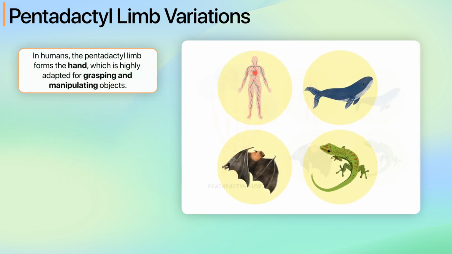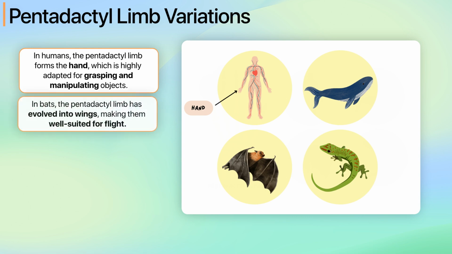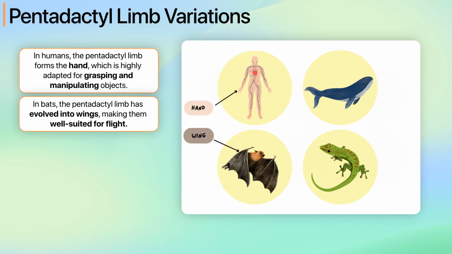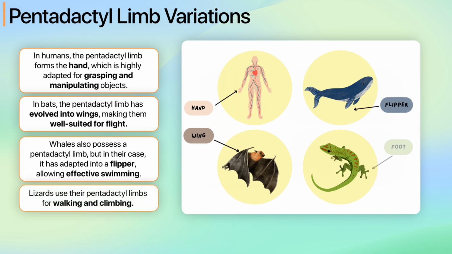In humans, the pentadactyl limb forms the hand, which is highly adapted for grasping and manipulating objects. In contrast, in bats, the pentadactyl limb has evolved into wings, making them well suited for flight. Whales also possess a pentadactyl limb, but in their case, it is adapted into a flipper, allowing effective swimming. Lizards use their pentadactyl limbs for walking and climbing.